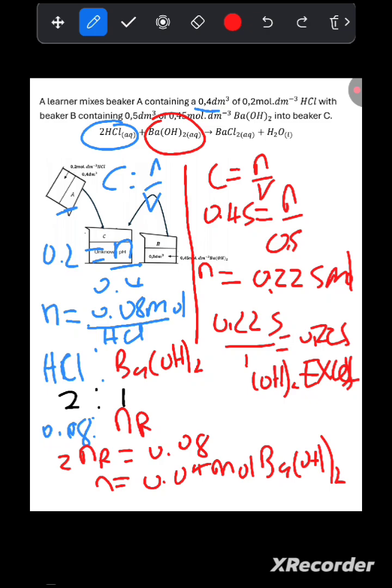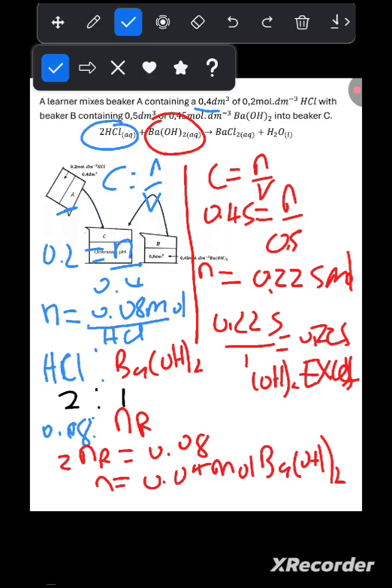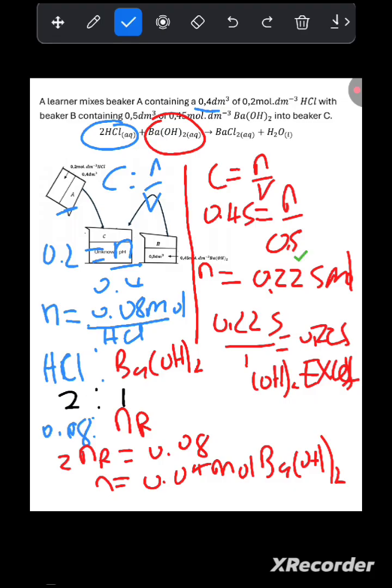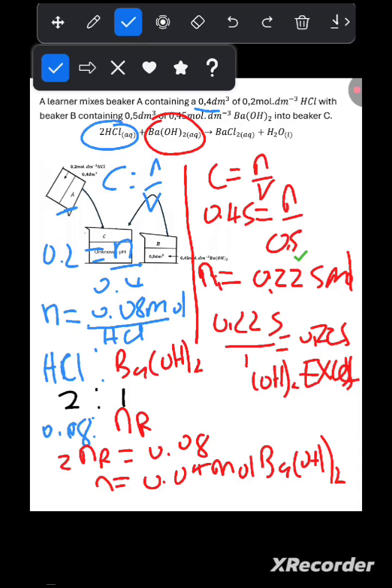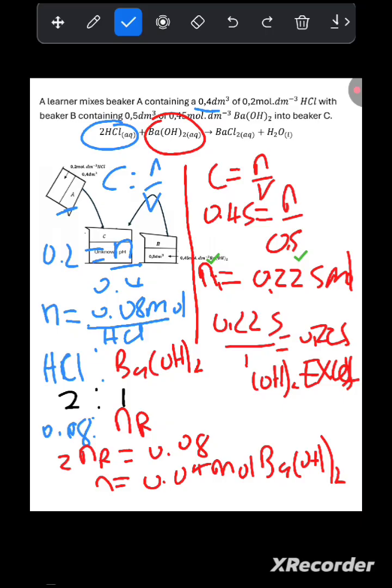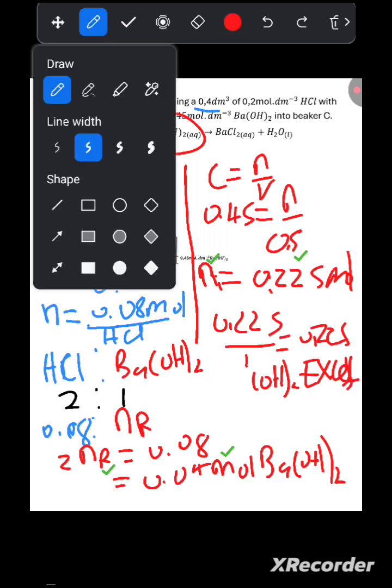So this number of moles that we just got here: for the excess reactant, we have the initial number of moles, which is this. We also have the reacted number of moles, which are these ones that we just got here.